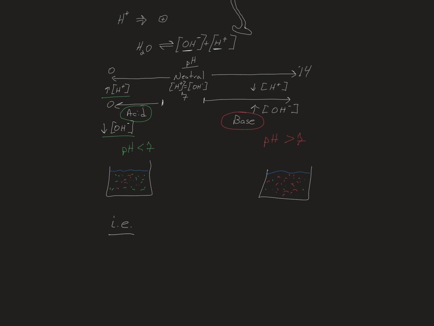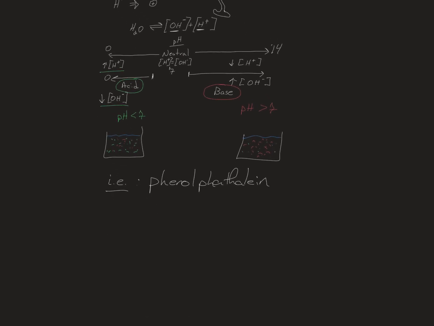So, for example, we can use this indicator called phenolphthalein. Phenolphthalein is a molecule, and I'm going to draw it as just this kind of pink dot. It's a molecule that changes color in different conditions.